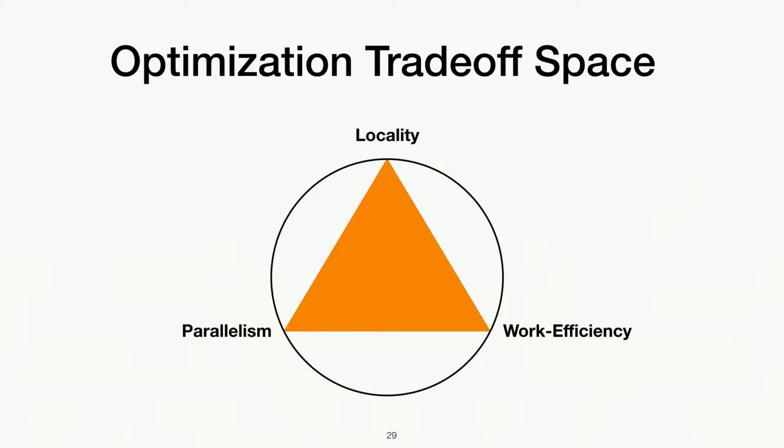But the interesting thing about graphs is that to get locality, you might have to do some extra work. If the graph got divided into 2 different graphs, I had to add extra nodes, I might have had some extra data structure, so I do some extra computation. So in certain cases, I might not be that work efficient. I might get really good parallelism and locality, but I am doing too much work.